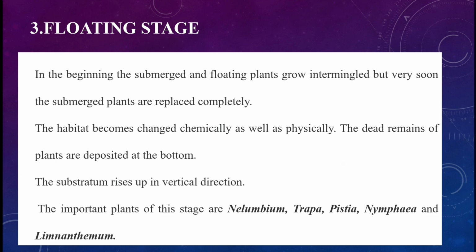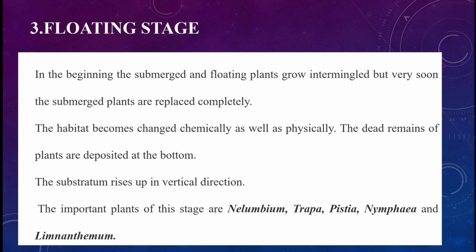Next is floating stage. In the beginning, submerged and floating plants grow intermingled, but very soon the submerged plants are replaced completely and the habitat becomes changed chemically as well as physically due to some chemical reactions and other developments. The dead remains of plants are deposited at the bottom.